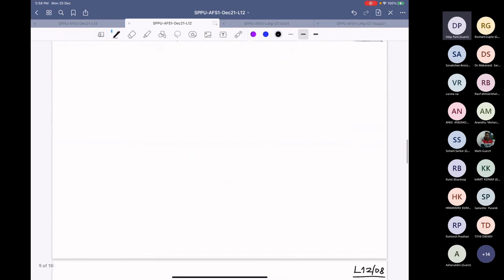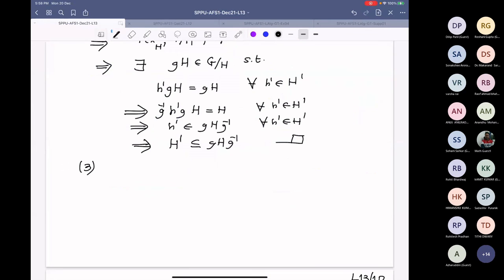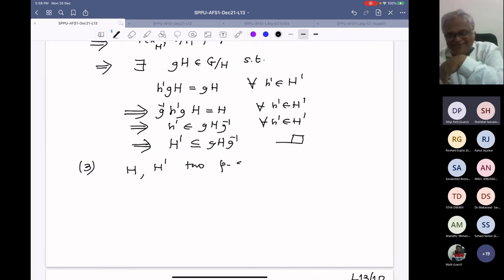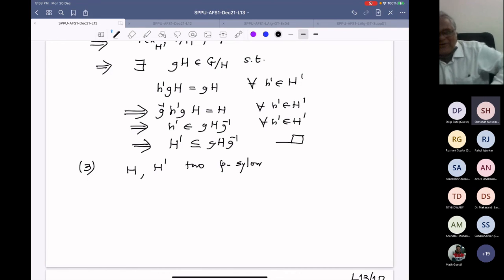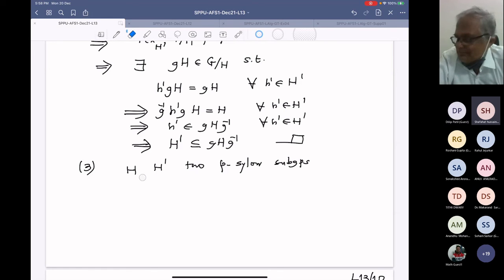So take 2 Sylow subgroups. Not only, take only one. I want to count the number of Sylow subgroups.